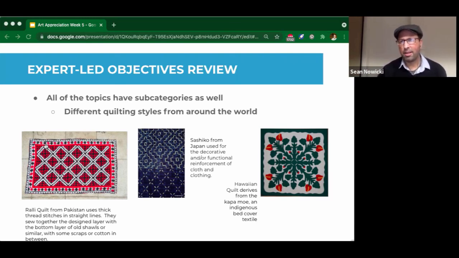But before the missionaries arrived in Hawaii in like the 1780s, I think, they didn't have cotton. So they didn't make quilts like this until someone introduced a new material to them. They made some kind of quilt thing, but nothing like these cotton quilts.